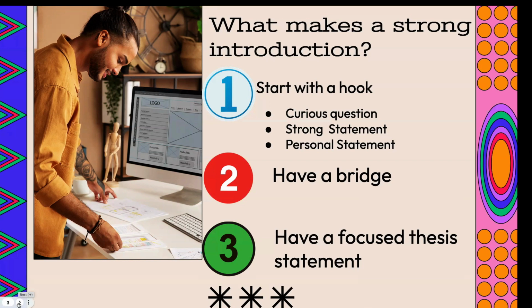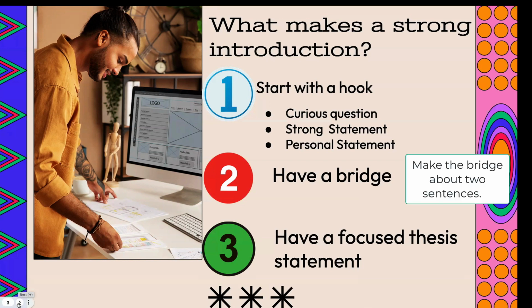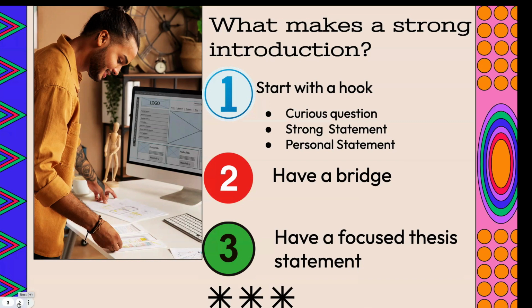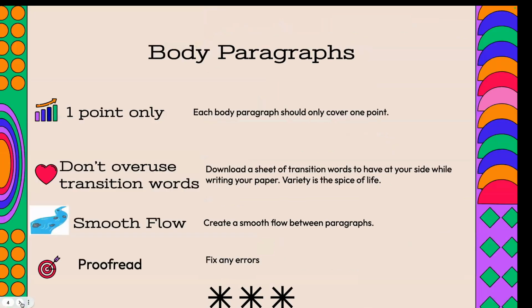So I would say 2 is a good number. And it flows you from your hook to your thesis. And the last thing you want to do is have a focused thesis statement. This is just a review. We've already studied this, but now you'll be doing it in a timed essay format.